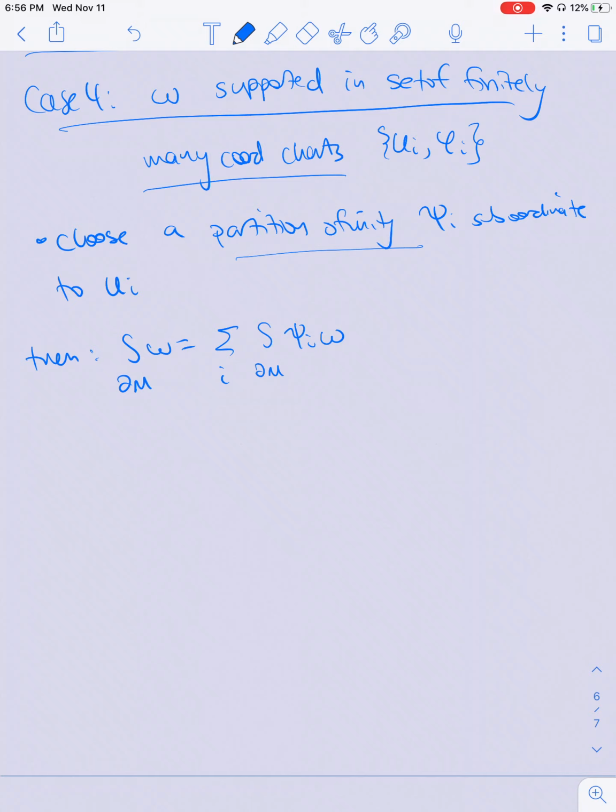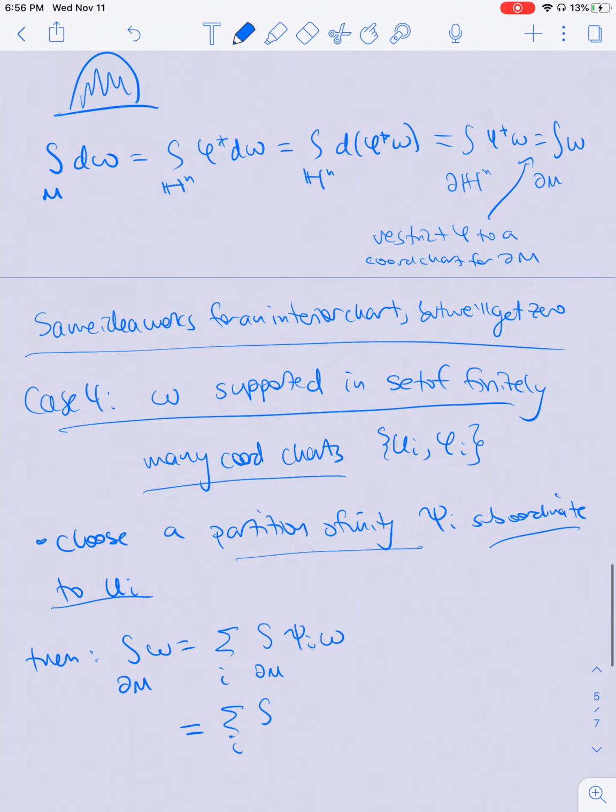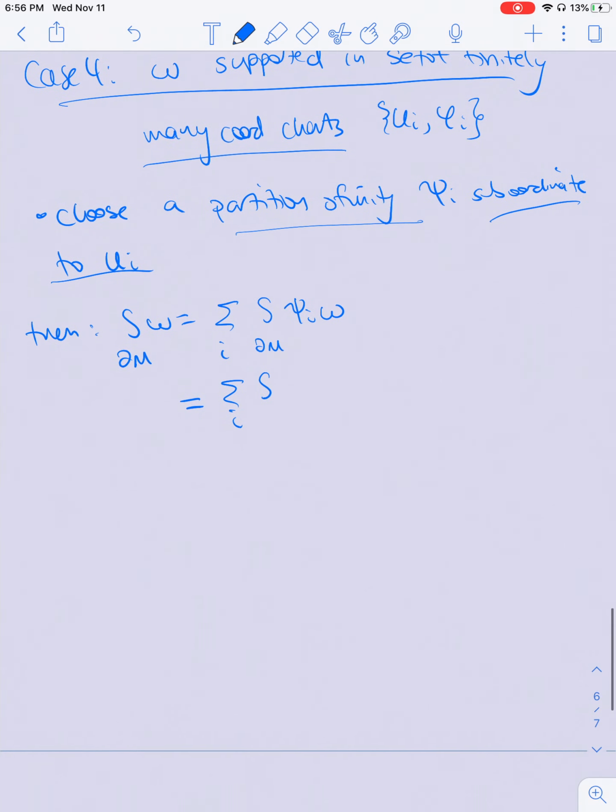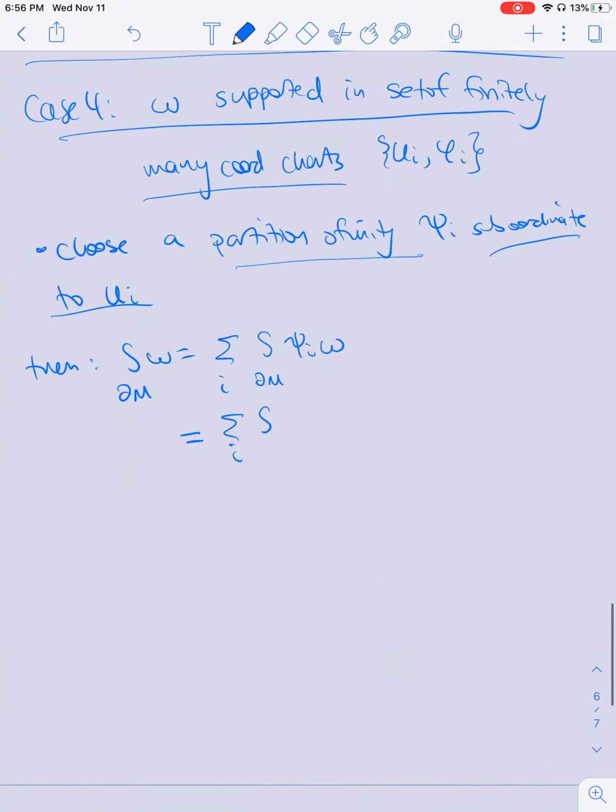And now these are on a single coordinate chart. Because psi_i is subordinate to U_i, I'm now just on a single coordinate chart. So I can apply my previous case to get that this is the integral over M of d of psi_i omega.